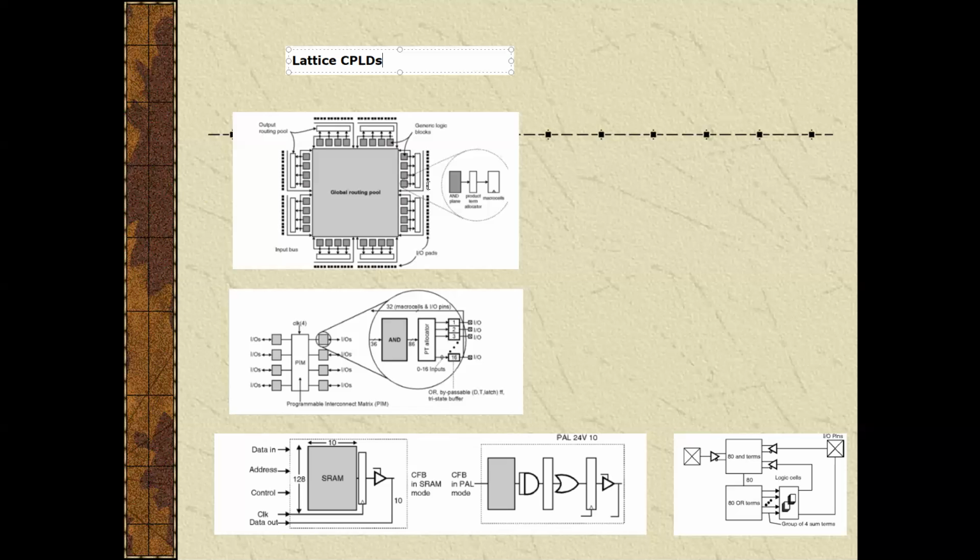These are bidirectional I/O and connect to the generic logic blocks and the global routing pool. The generic logic blocks are small PAL blocks that consist of an AND array, product term allocator and macrocells. The global routing pool is a set of wires available to connect the generic logic blocks' inputs and outputs together.